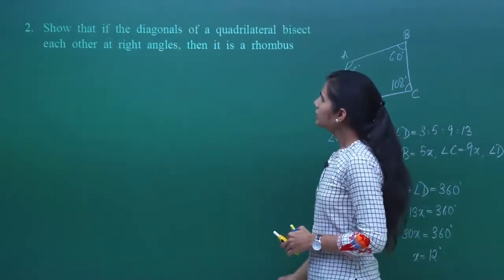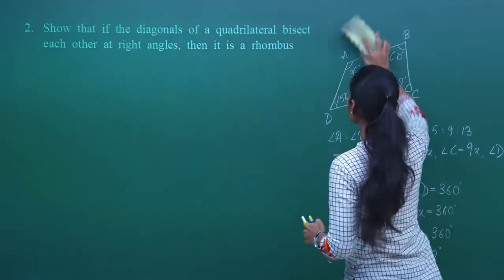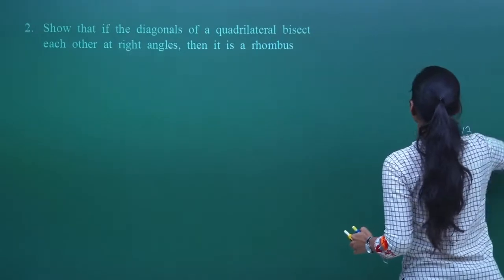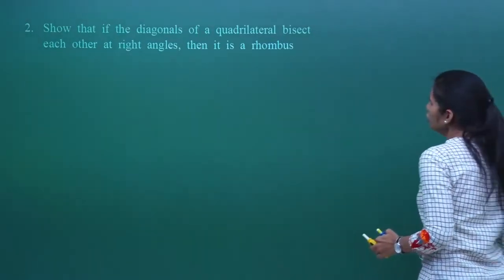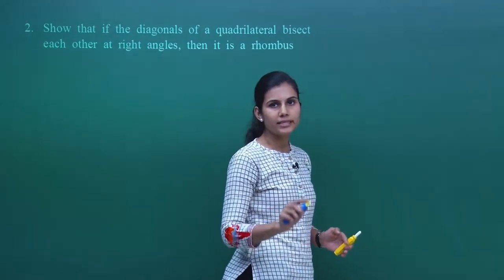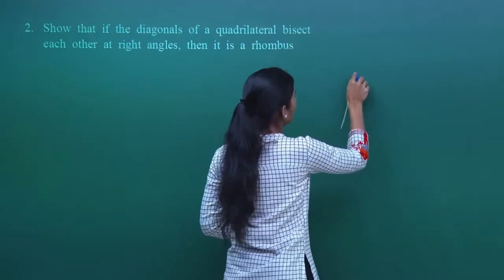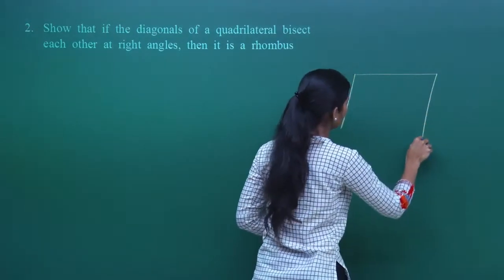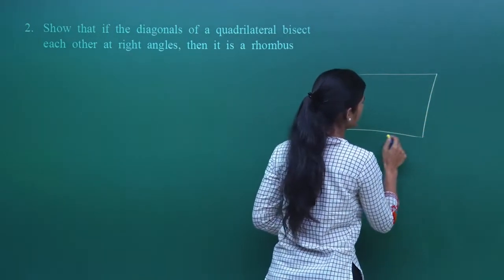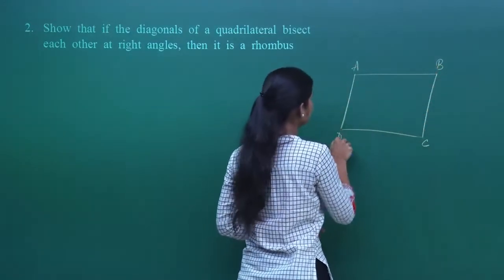Next I have, show that if the diagonals of a quadrilateral bisect each other at right angles, then that quadrilateral is a rhombus. Okay. So we have a quadrilateral, it is given to us that the diagonals of that quadrilateral are bisecting each other at right angles. So I have a quadrilateral ABCD.